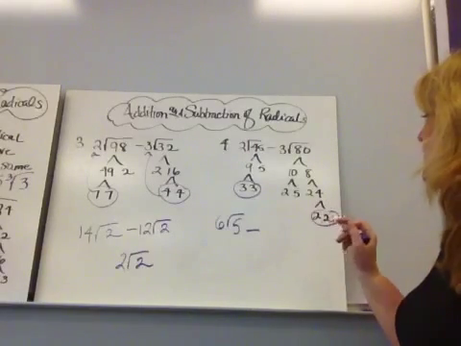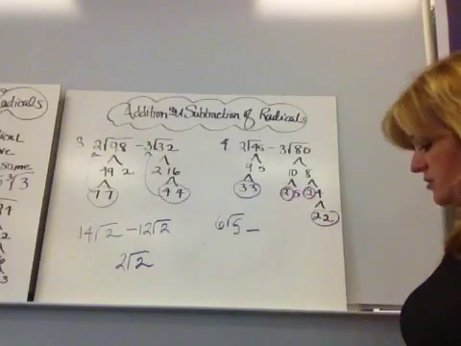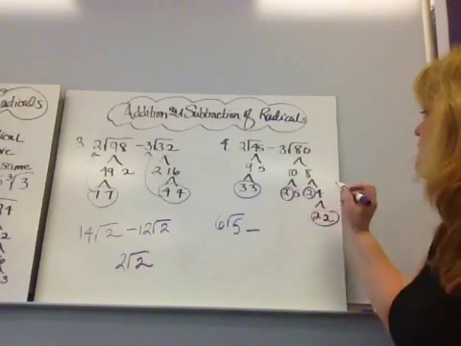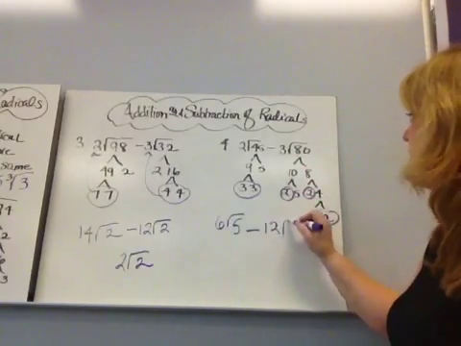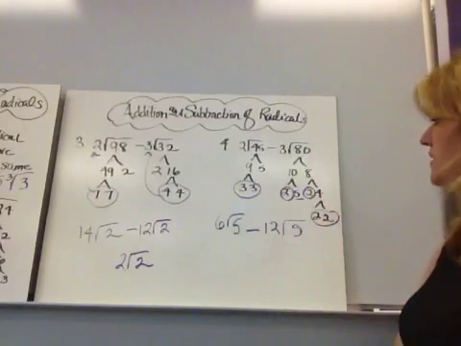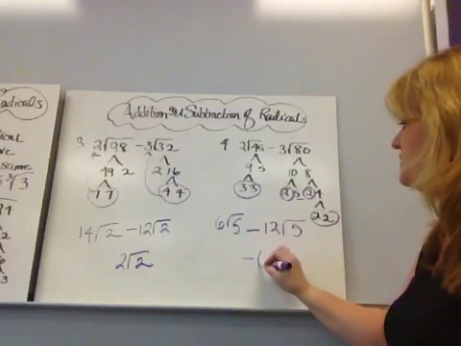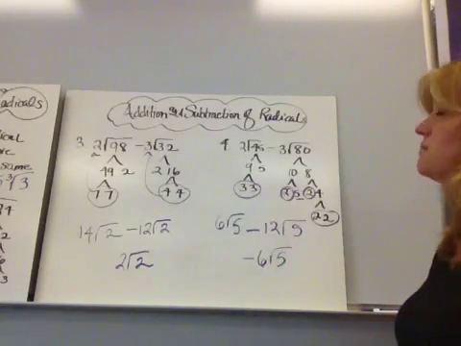And then I'm like, is there any other 2's? Well, I have another 2 here and another 2 here. So actually 4 can come out. So I have 2 times 2 is 4, so I'm at minus 12 radical, and what's left over is a 5. This is the only one left. So this is minus 6 radical 5. Okay?